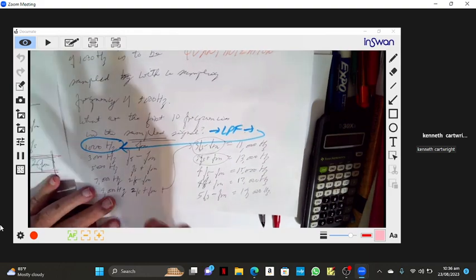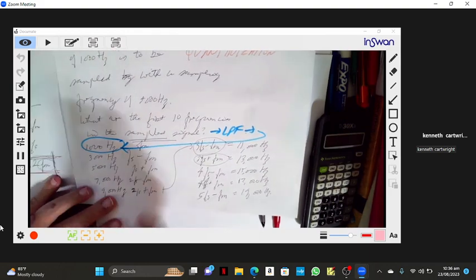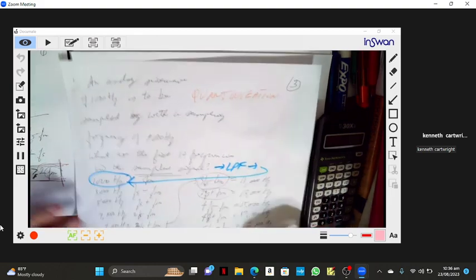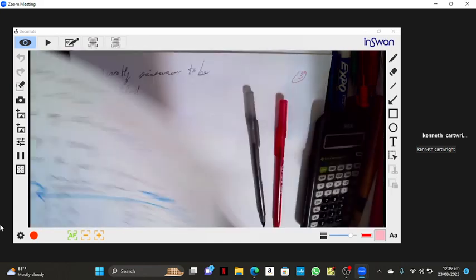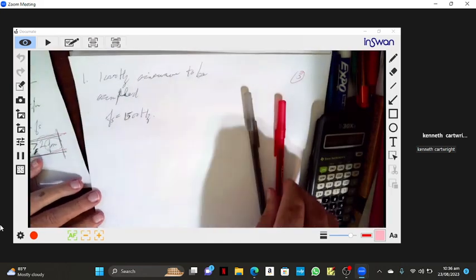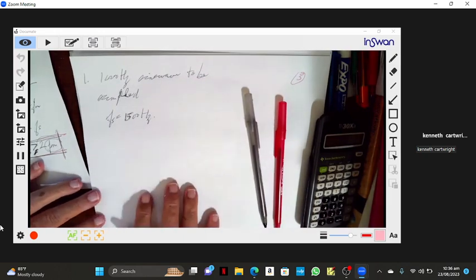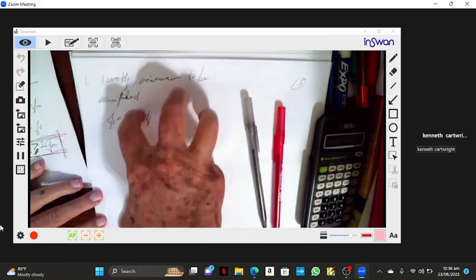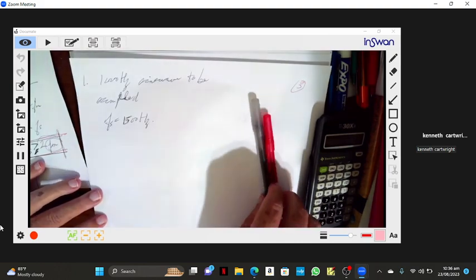But that question is different from what are the frequencies present. I hope that sorted that out. So what frequency is present in our sample signal?